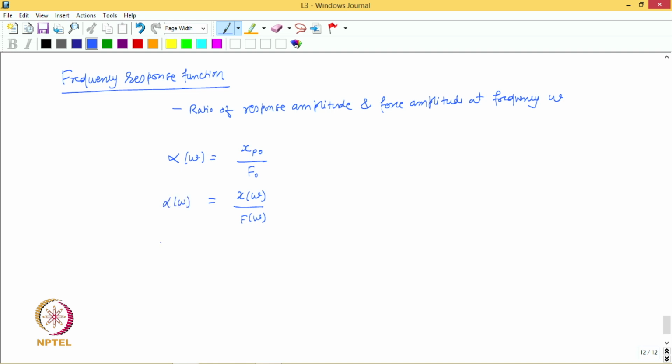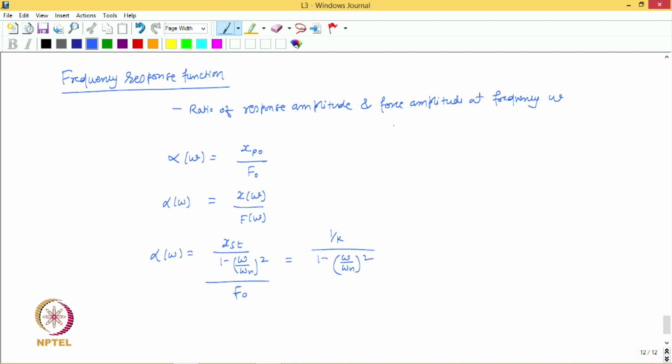For the present case of a single degree of freedom undamped system, the frequency response function is xpo, which is x static upon 1 minus omega upon omega n square, divided by the force amplitude, which is f naught. Because x static is f naught by k, what we get is 1 by k upon 1 minus omega upon omega n square. This is the frequency response function.